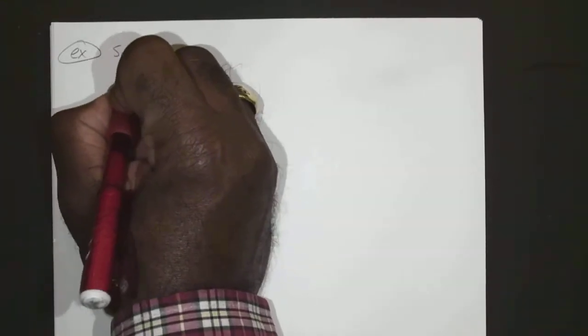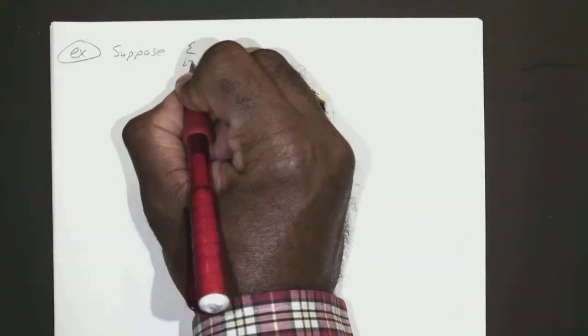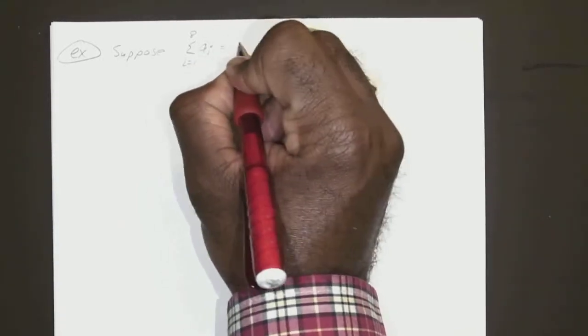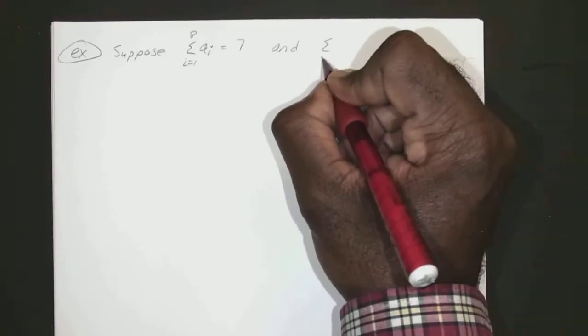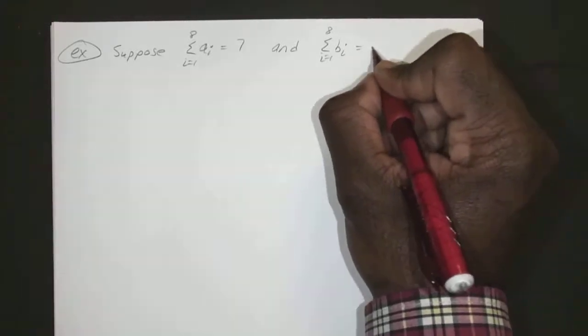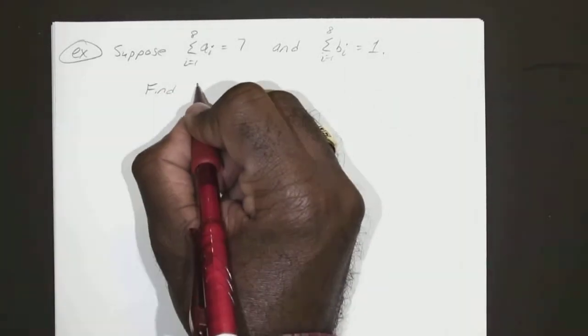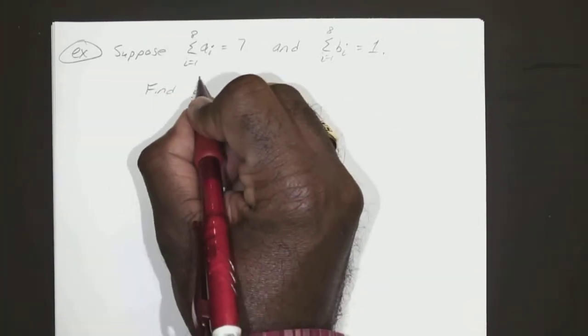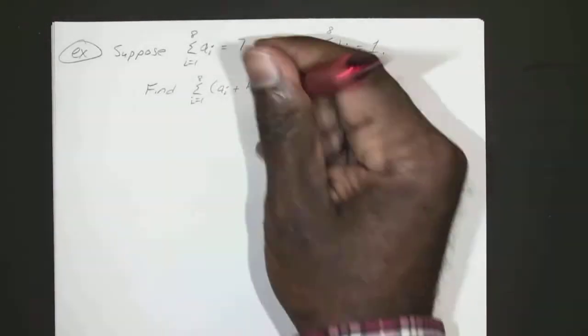So let's say, for example, suppose that the sum from i equals 1 to 8 of a sub i is equal to 7, and the sum from i equals 1 to 8 of b sub i is equal to 1. And we want to find the sum from i equals 1 to 8 of a sub i plus 3 b sub i.